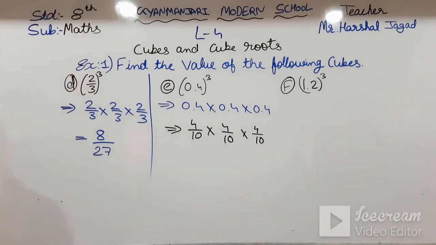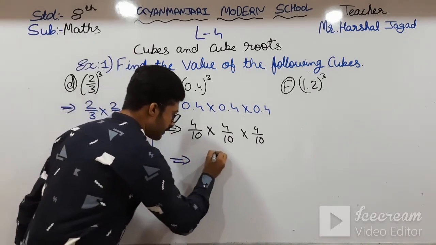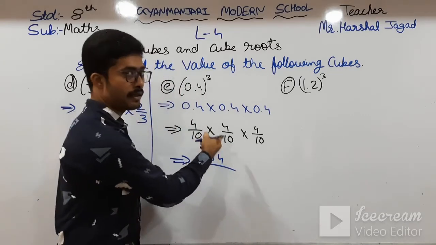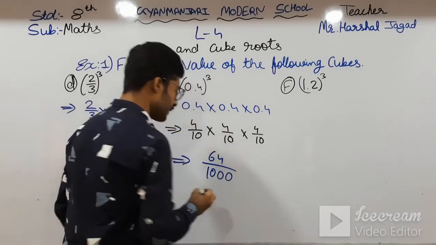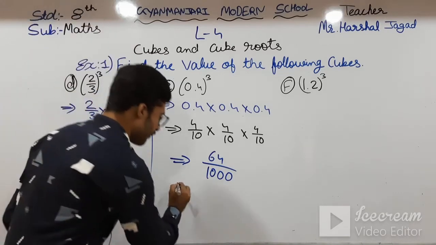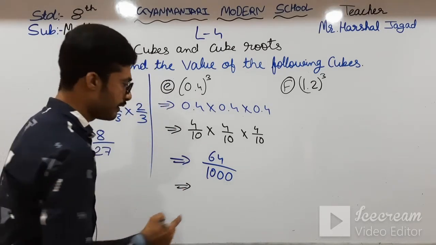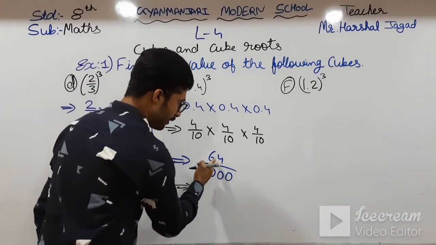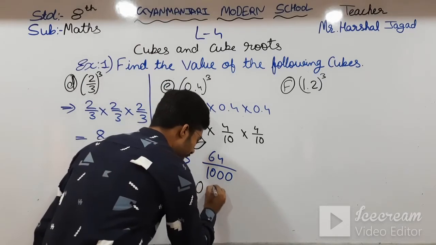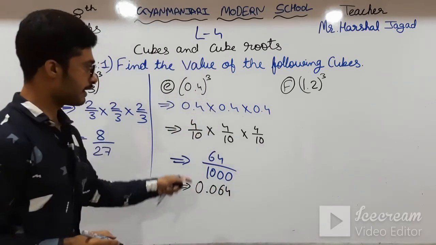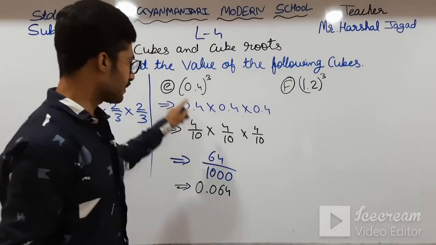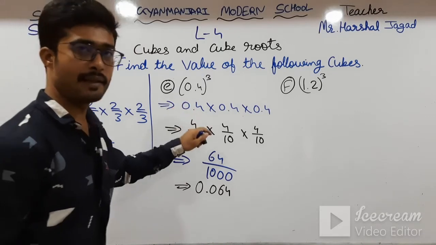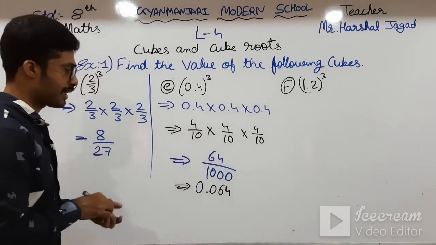That is 64. 64 into 10 into 10, 100. 100 into 10, that is 1000. So now you put 3 decimal places, means 0.064. This is the answer: 0.4 cube is 0.064. This is a long method, but you can do it easily by this. You can't make a mistake by this method.